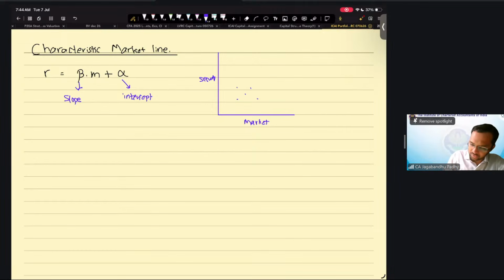You have the various combinations of market and security returns that are generated, and then you create a straight line out of it. This line is what we call return of security is beta into market plus alpha. Okay. So this is the characteristic market line where we draw a straight line using the regression concept.